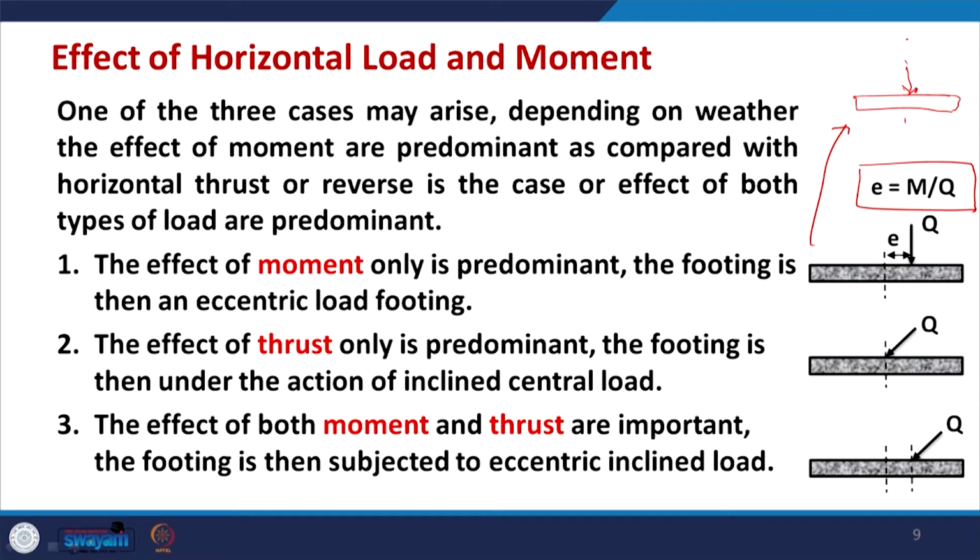So this can be treated as a vertical load and a moment both acting at the center. This can be replaced by simply a vertical load acting at eccentricity E, as given in this case. So, moment can be dealt with in this way.